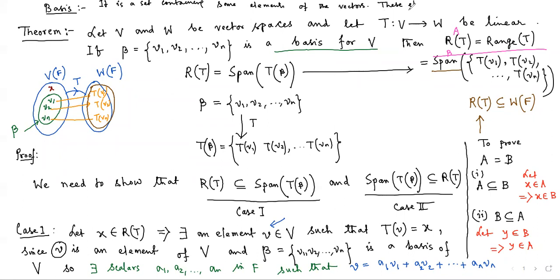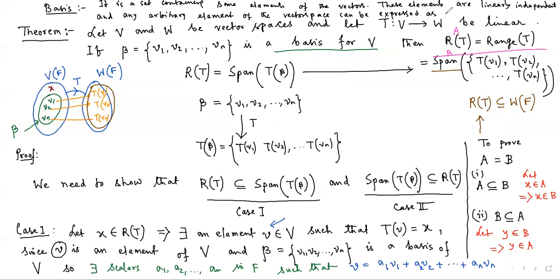These elements are linearly independent, and any arbitrary element of the vector space can be expressed as a linear combination of these elements. This is the definition of basis.